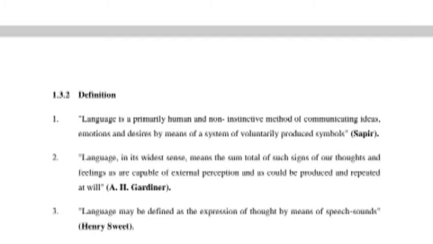That is why it is defined as contextualized systematic sounds. Patanjali defined it as that human expression which is uttered by the speech organs. Encyclopedia Britannica defines language as a system of conventional, spoken or written symbols by means of which human beings, as members of a social group and participants in its culture, communicate.